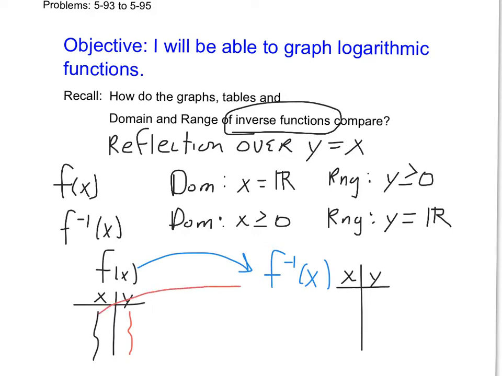These input values for f of x become the output values for the inverse, and our output values for f of x become the input values for the inverse.